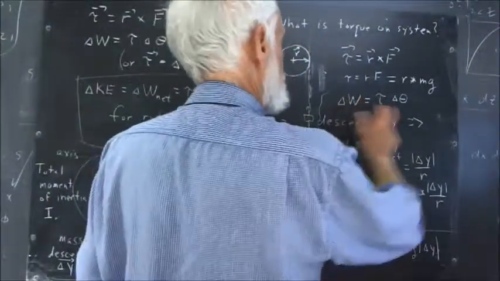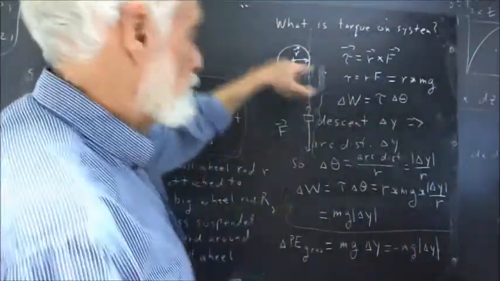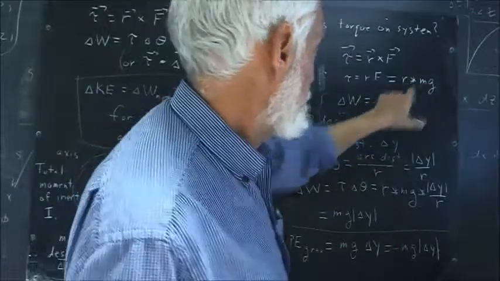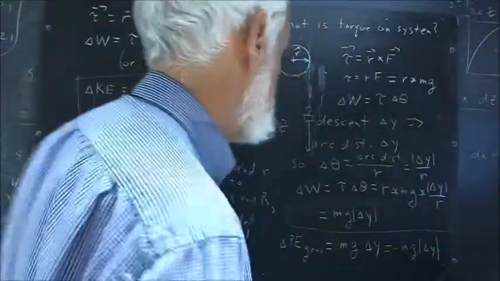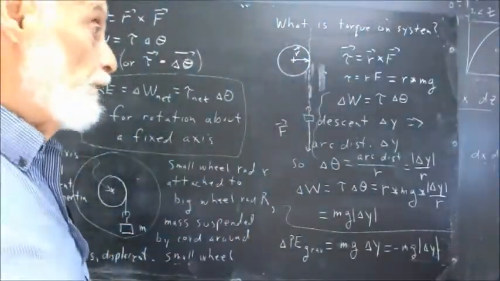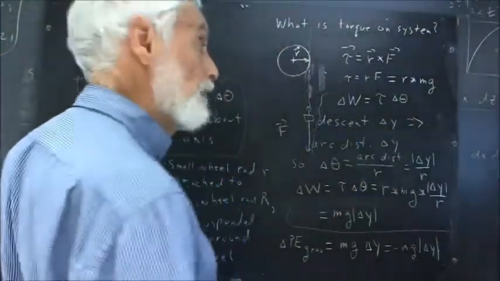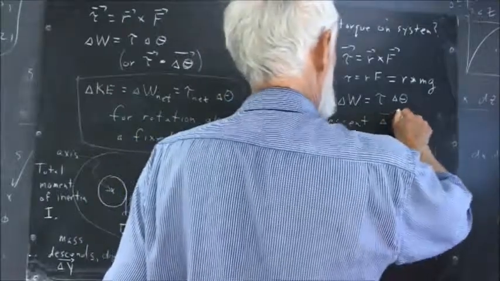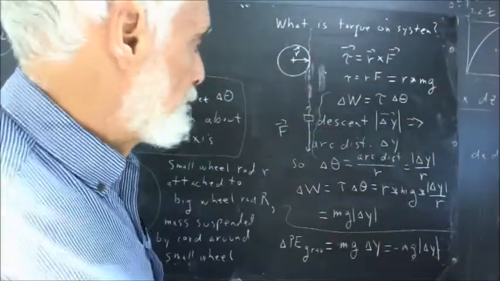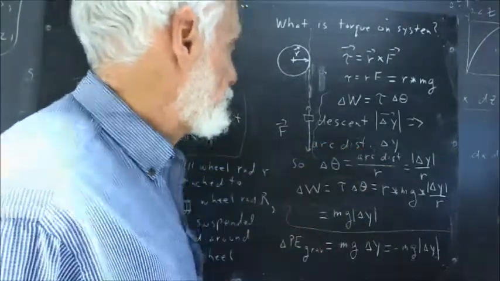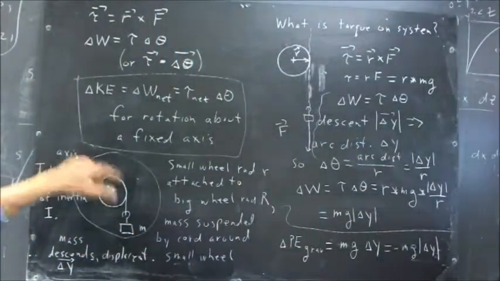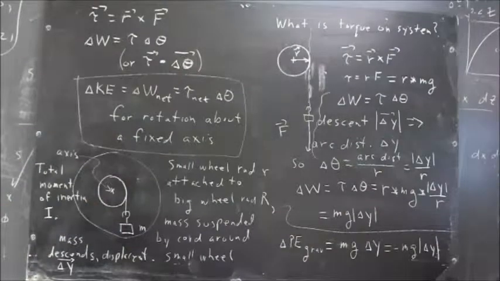Now, how much work is done as we move through angle delta theta? Well, it's going to be tau times delta theta. Now the question is, what's delta theta? Well, we have a descent through displacement delta y. I'm just going to take the magnitude of that descent and get the arc distance through which the small wheel has to rotate.